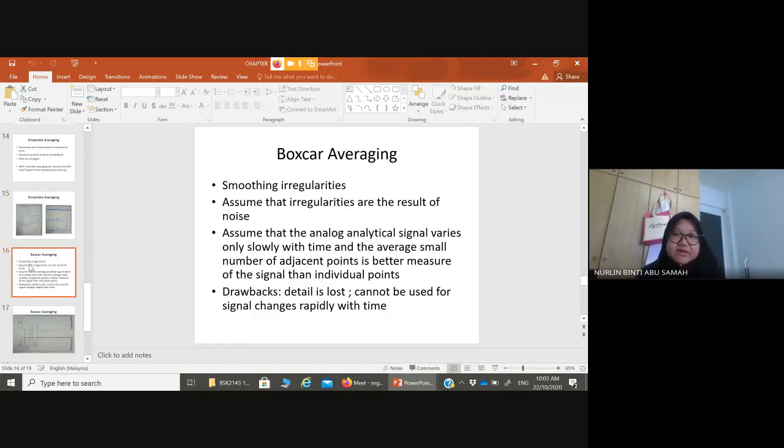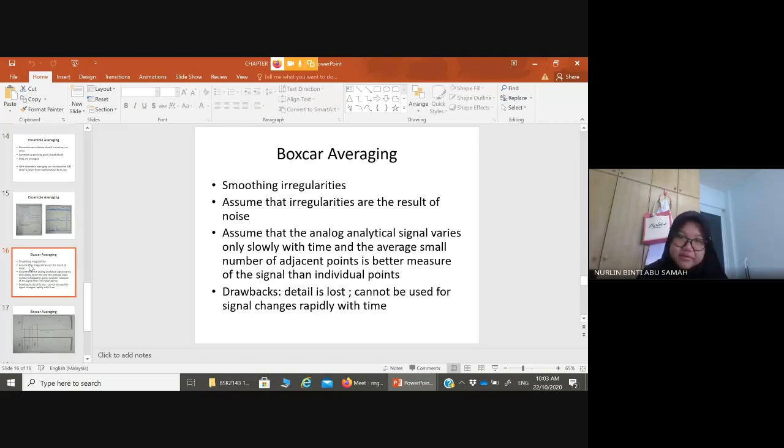Next is the boxcar averaging. The boxcar averaging is to smooth the irregularities; it tries to smooth the peak. But this method has a drawback because some data will not be there.